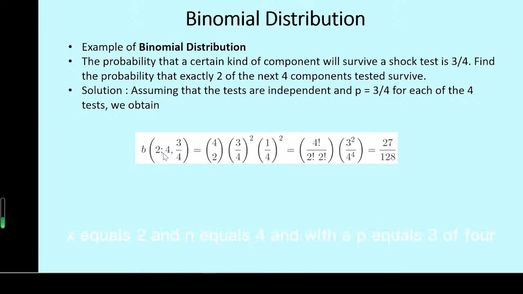So X equals 2, n equals 4, and p equals 3/4. It is the combination C(4, 2) times (3/4) squared times (1/4) squared. The combination C(4, 2) equals 4 factorial divided by 2 factorial times (4 minus 2) factorial, which also equals 2 factorial. Then we fill in the formula and get the result 27/128.